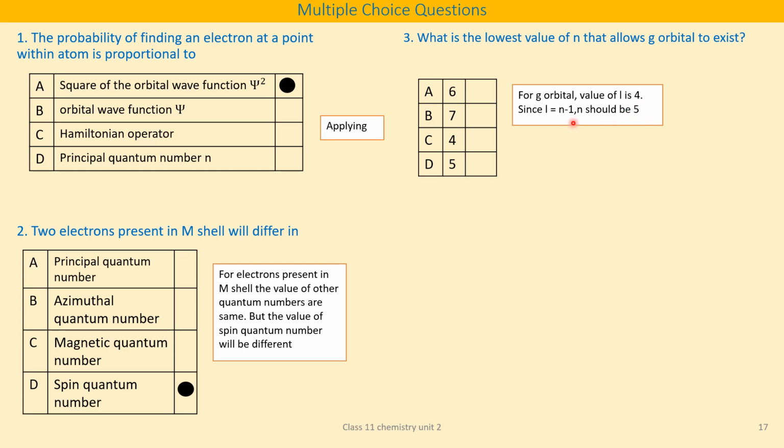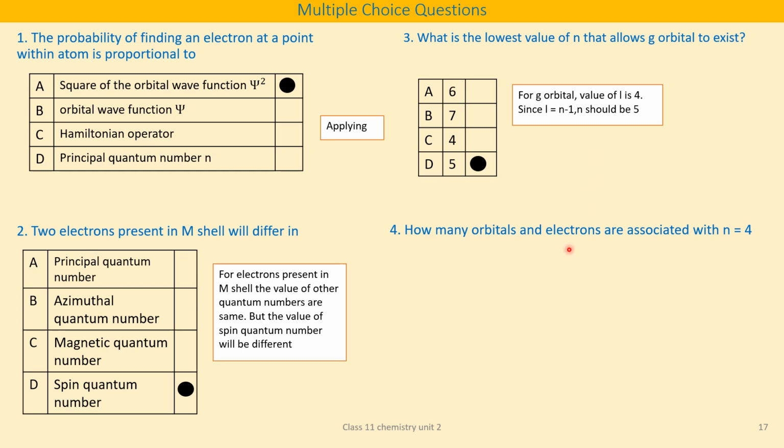Since l is equal to n minus 1, n should be equal to 5. This option is available as option D.